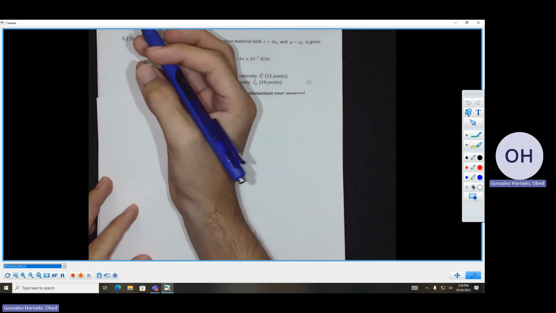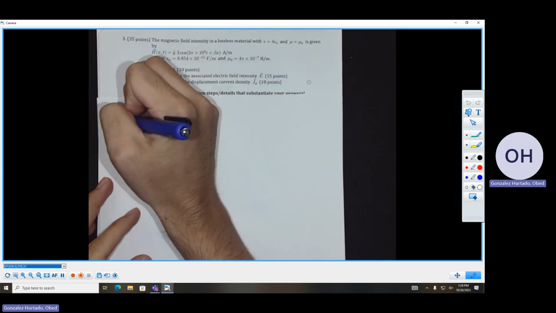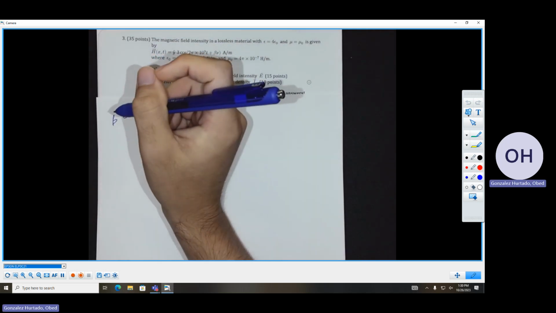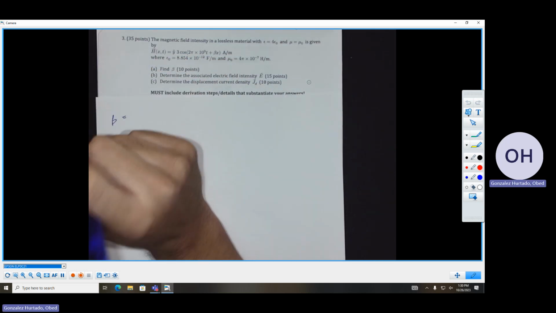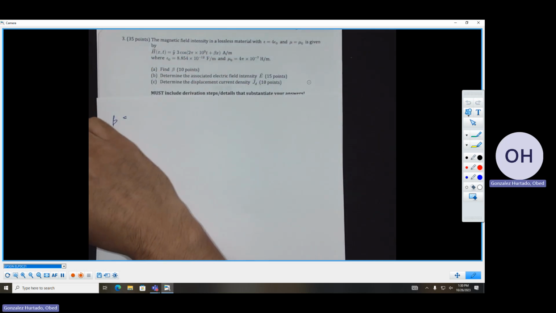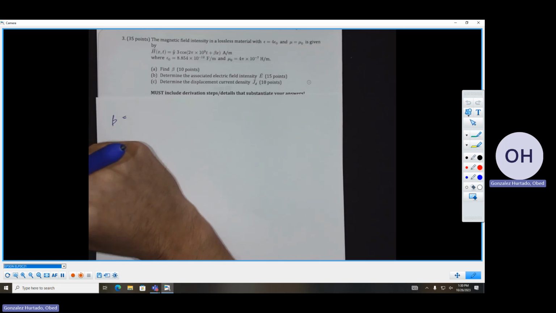First one, we have to find beta. What's a good equation for beta? Of the numerous ones we may have. Which one? You said it right, C divided by X.